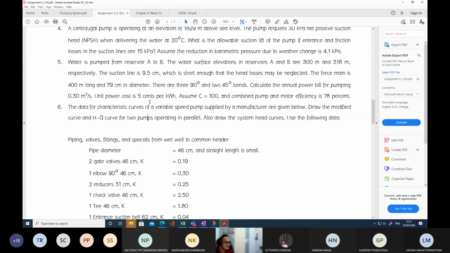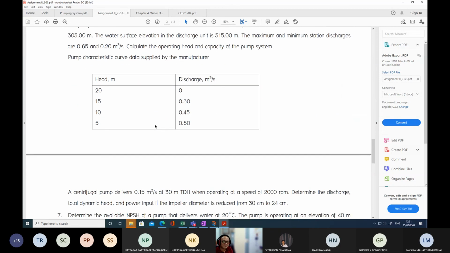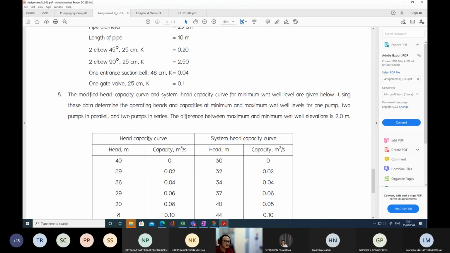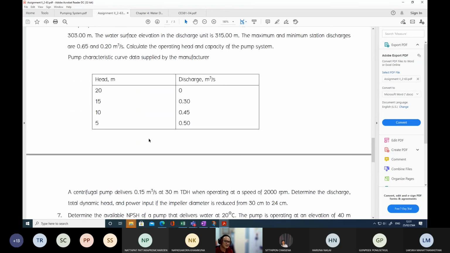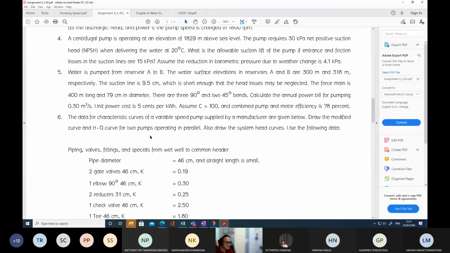It's really straightforward to determine the annual power bill, but you really need to determine how many kilowatts these pumps require. There are not many questions, just 8 questions in total, but many are quite big questions, so you may have to spend some time to complete them.